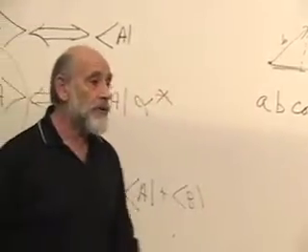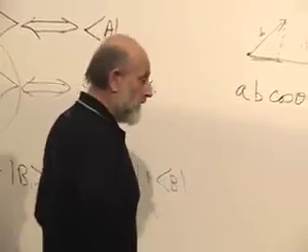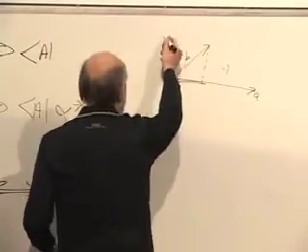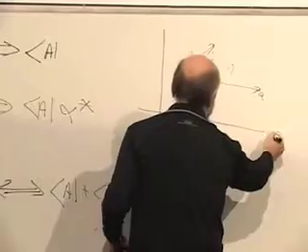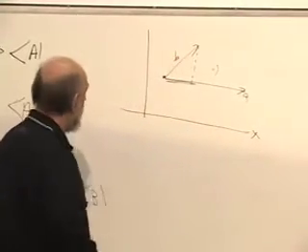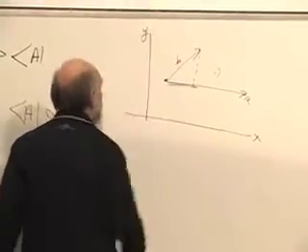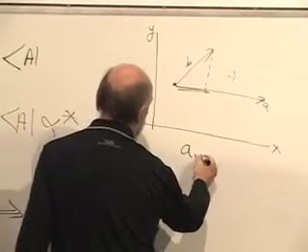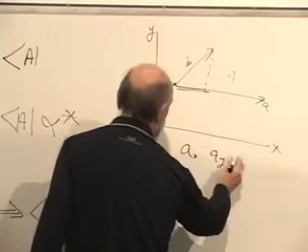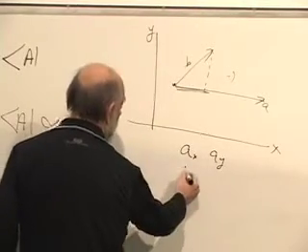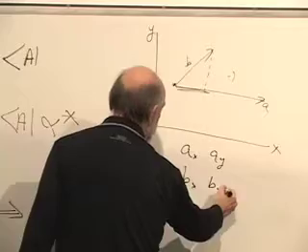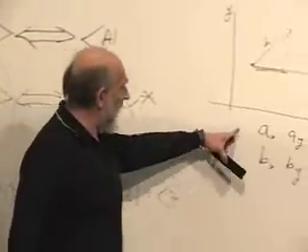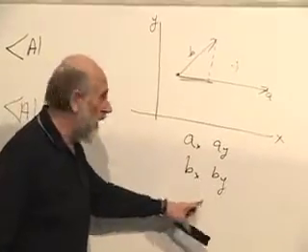But if we write it in terms of components, for example along any set of orthogonal axes, the x and y axis, then if we know the components of A, let's say AX and AY, and BX and BY, then the dot product of A and B is just AX BX plus AY BY.